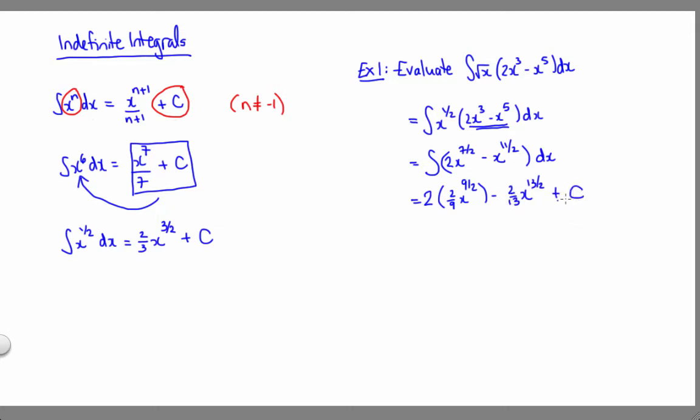And really important to have the plus c at the end of the expression here so that we're creating all possible antiderivatives. Finally, we just need to simplify. 4/9 x to the 9/2 minus 2/13 x to the 13/2 plus c is our final answer.